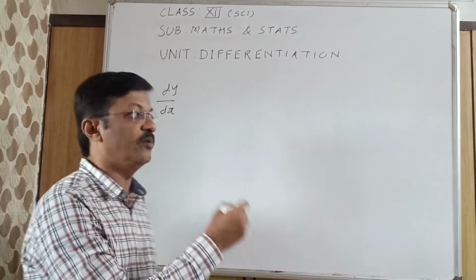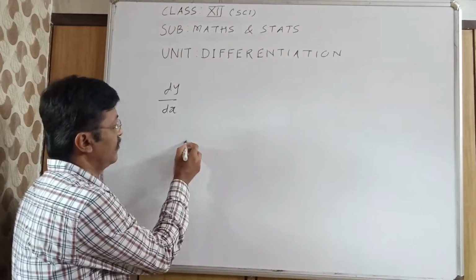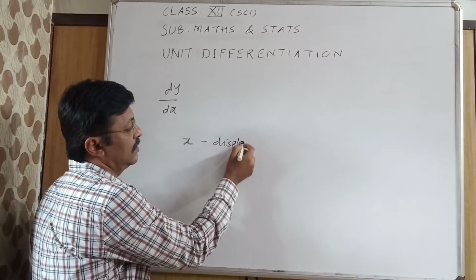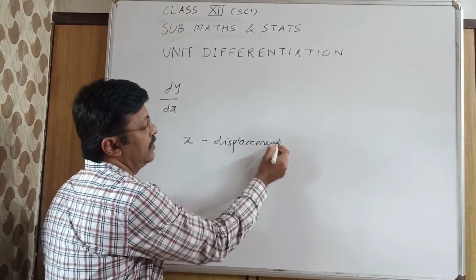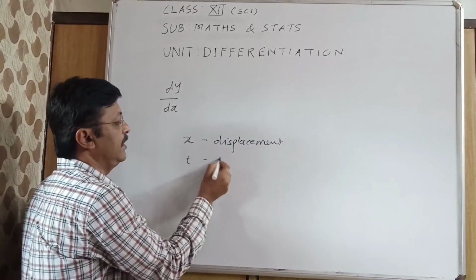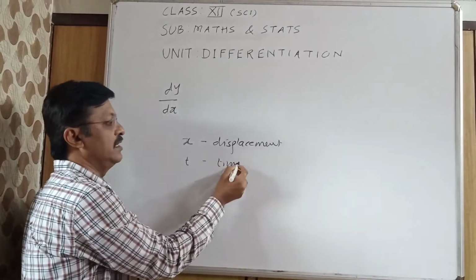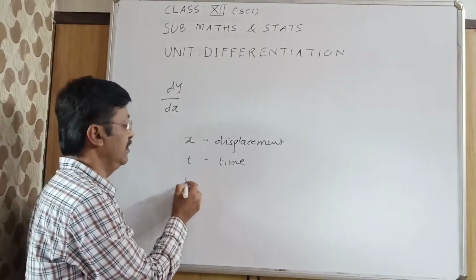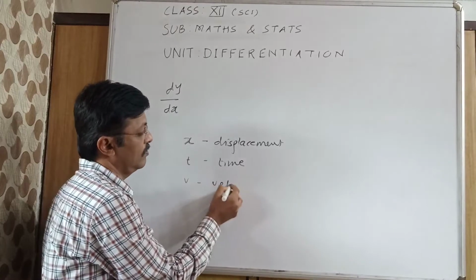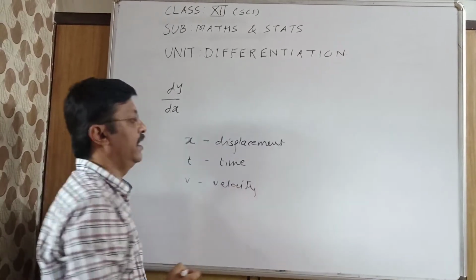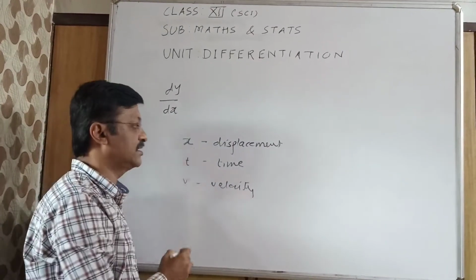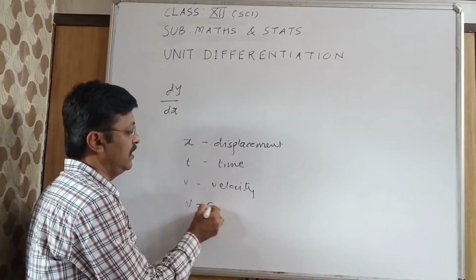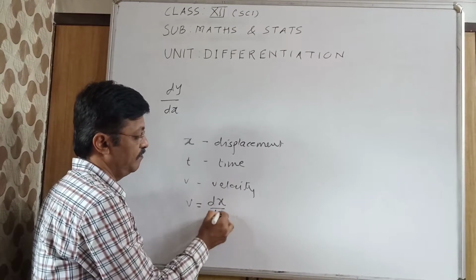Suppose displacement is x and time is t. There is a particle moving with certain velocity v, and at time t its displacement is x. Then v is dx by dt.